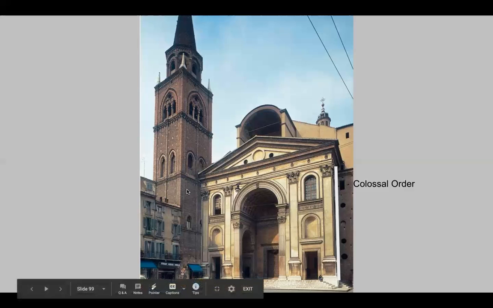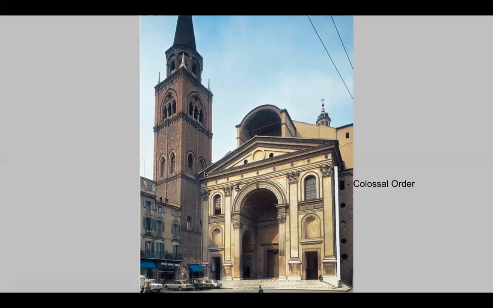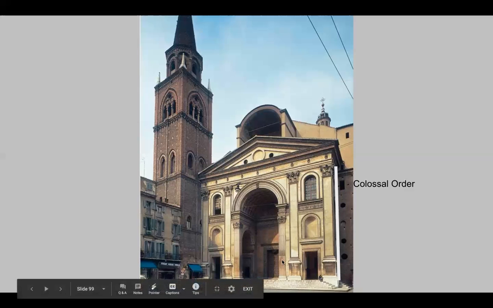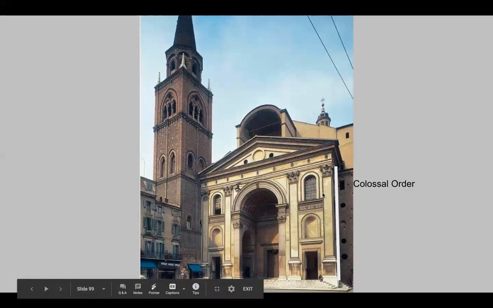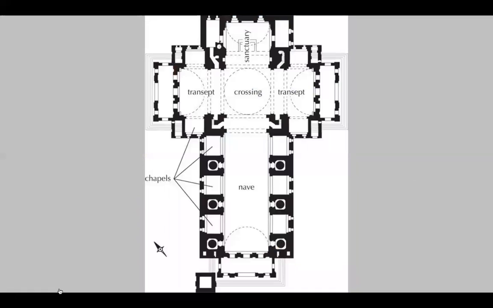Here, the front of, I think it's Sant'Andrea, if I remember right, has a pediment. It's got rounded archways. It has what we call a colossal order. Instead of the columns being just one story, notice how they go all three stories for the size of the church. When we look on the inside, Alberti in his treatise said that the perfect church would be a central plan church, based on a circle and a square.